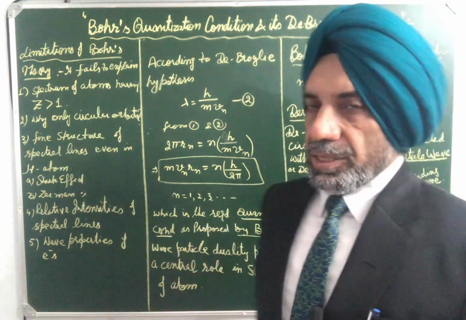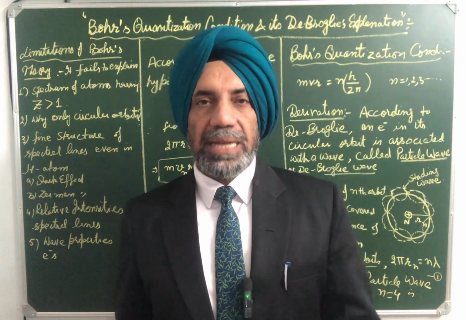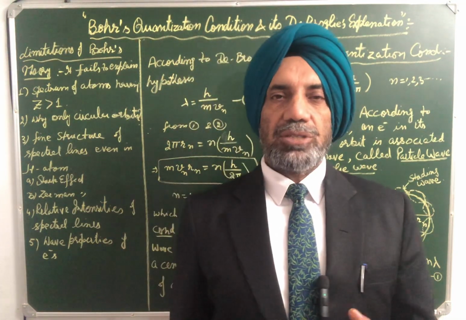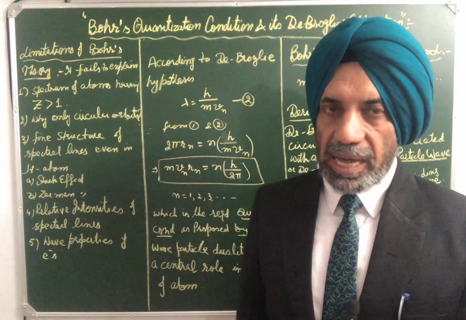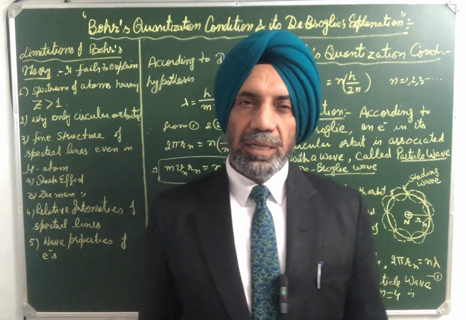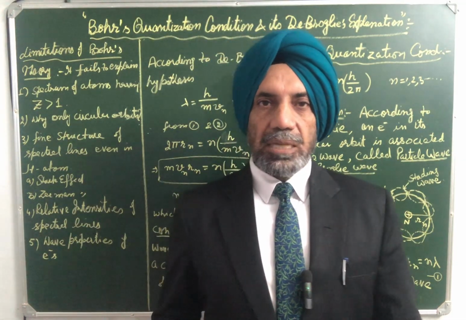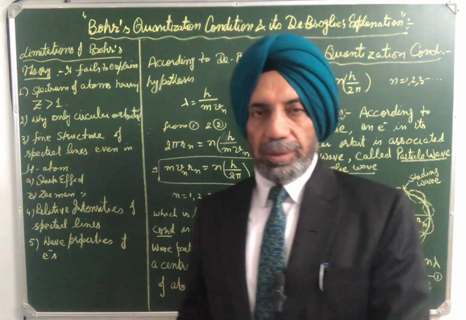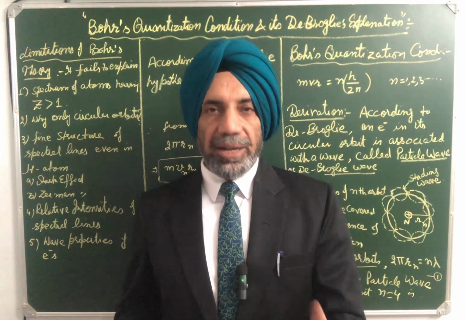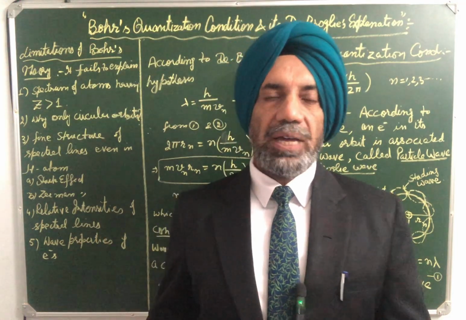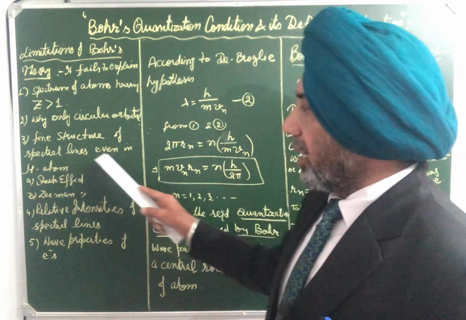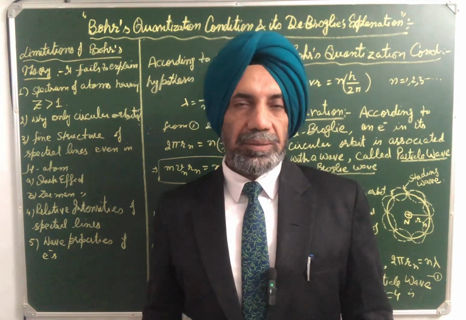Third, a spectral line splits into two or more spectral lines under the influence of an electric field, called the Stark effect, and under the influence of a magnetic field, called the Zeeman effect. This splitting of a spectral line into two or more lines under the influence of an electric or magnetic field is known as the fine structure of the atom. So it could not explain the fine structure of the spectral lines even for the H atom.